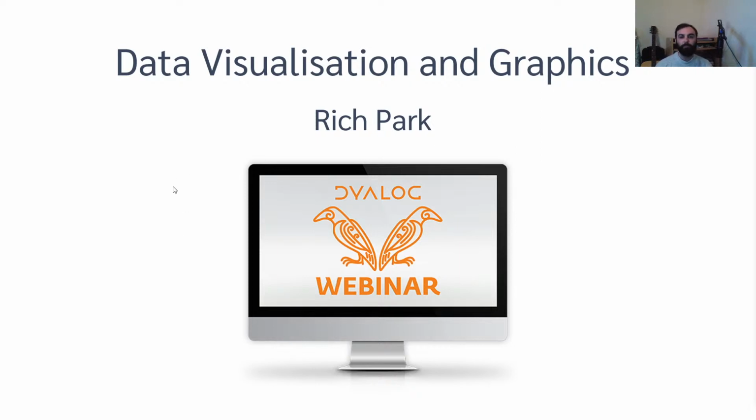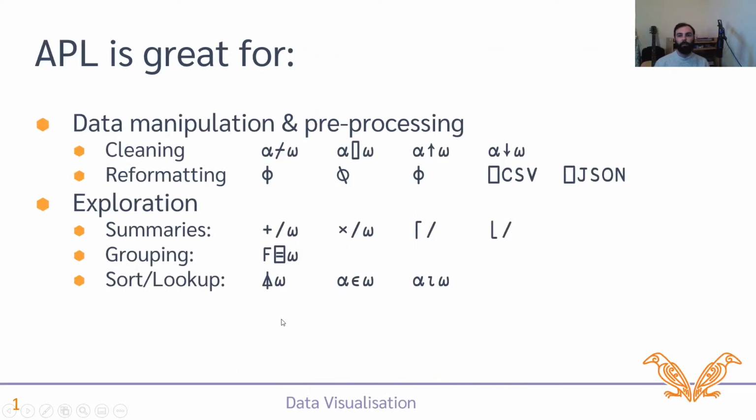So, just a bit of preamble. We know that APL is great for data manipulation and data exploration. A lot of the pre-processing you'll have to do can involve selecting particular values or removing bad data, and that's quite straightforward to do.